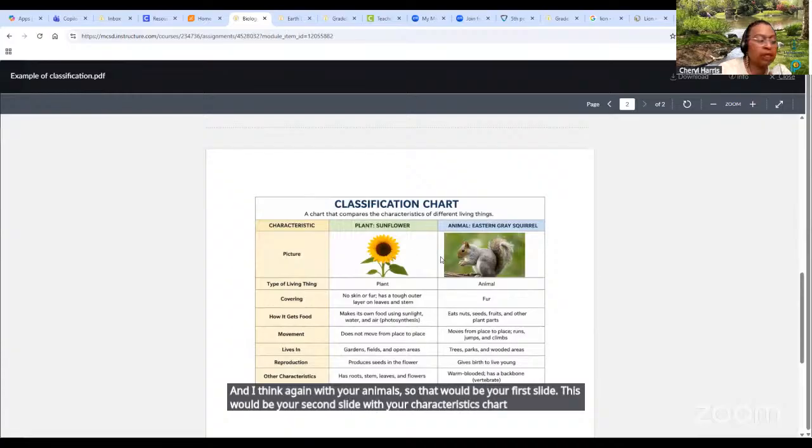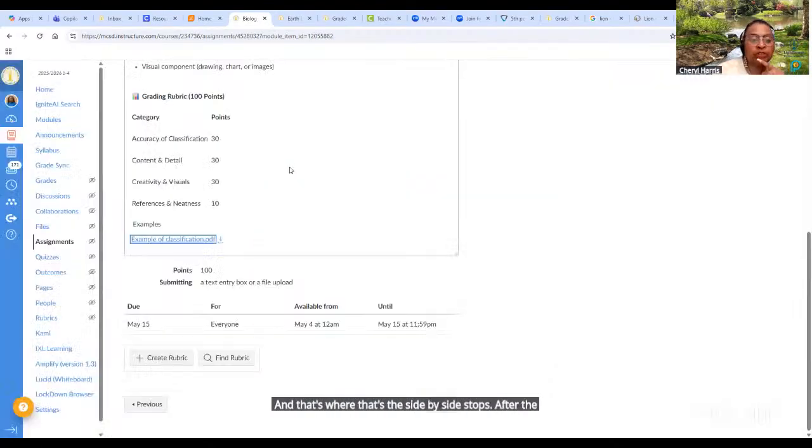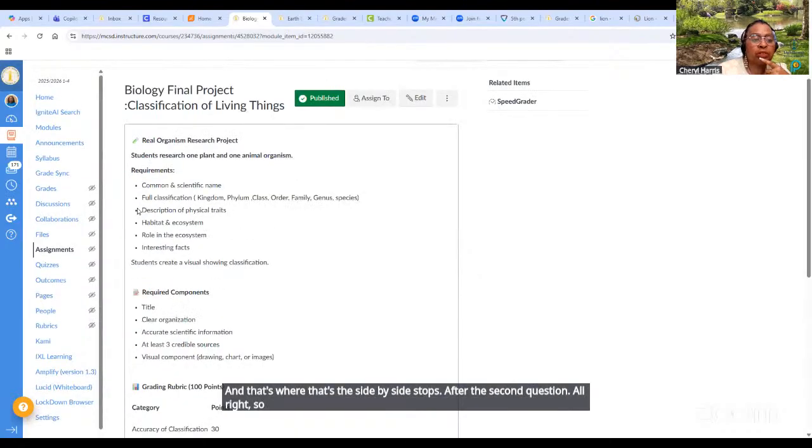You would put your two pictures and common names up here, and these are the characteristics of that particular set of organisms. You can set your chart up just like this for the second question and then answer it. The second question was to give a description of physical traits, so you can use that chart.